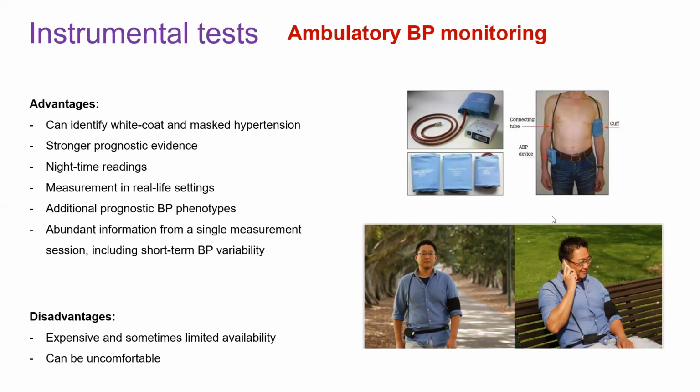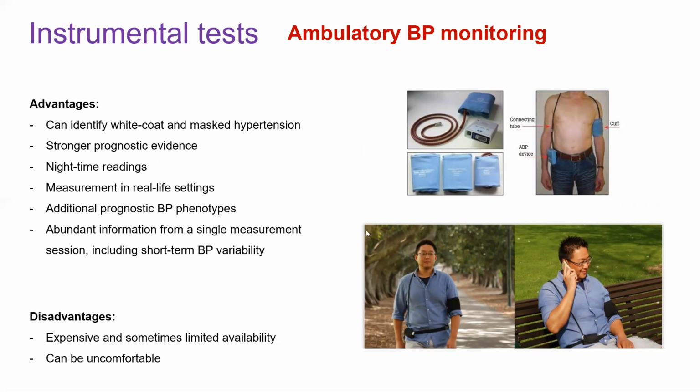This is also a non-invasive test. It can also help to identify white coat and masked hypertension. Compared with home blood pressure monitoring, ambulatory blood pressure monitoring has stronger, the highest prognostic evidence.